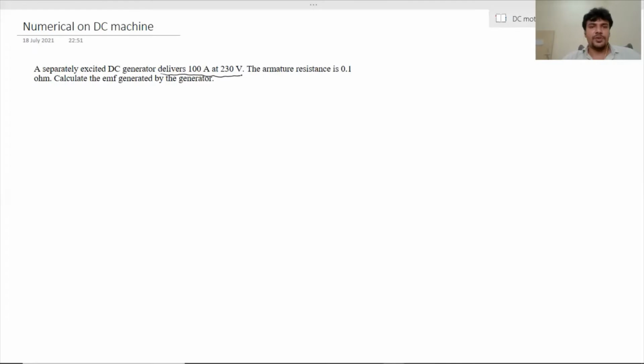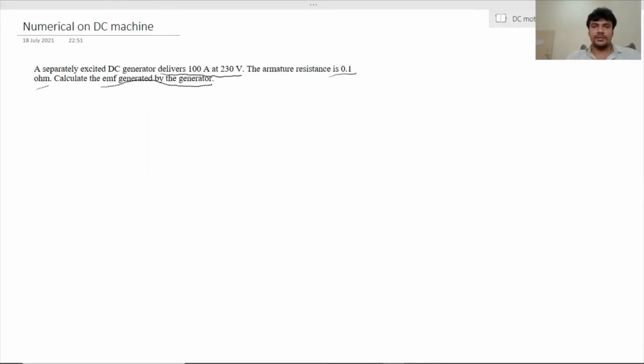So we need to learn how to see these things in a real circuit. And the second thing is very much obvious, that the armature resistance is 0.1 ohm. So RA is 0.1 ohm. And what this question asks is: what is the EMF generated by the generator?